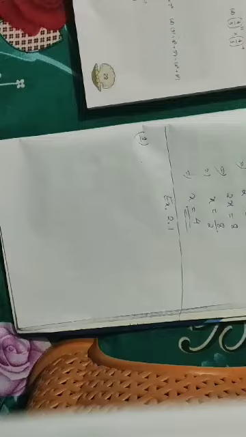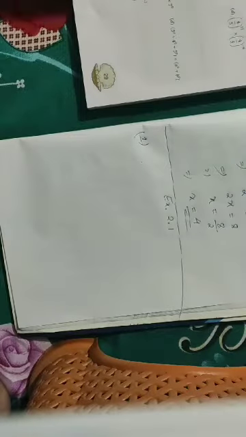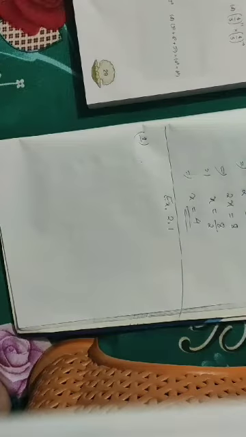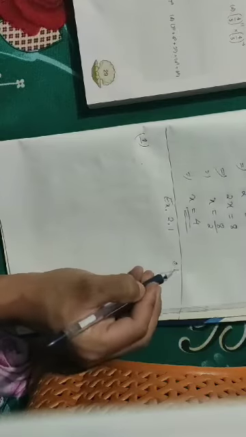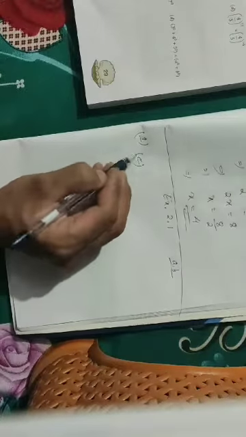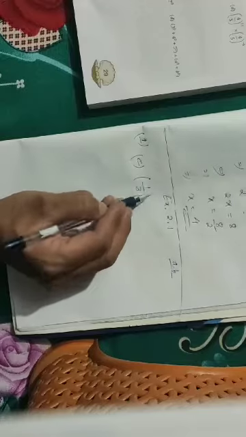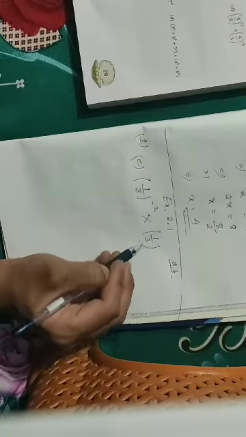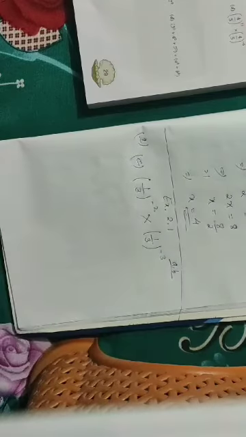We are moving to the next exercise, that is exercise 2.1, question number 1, a and b. I think you can do them, as we have already done similar sums in the previous exercise. I am doing number c, which is 1 by 3 whole to the power minus 2 into 1 by 3 whole to the power minus 3, isn't it?